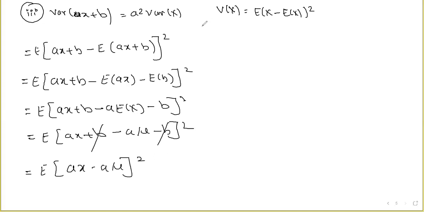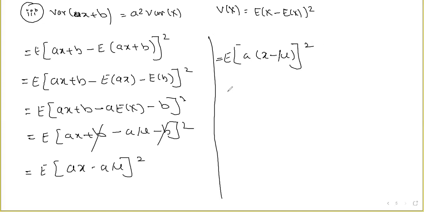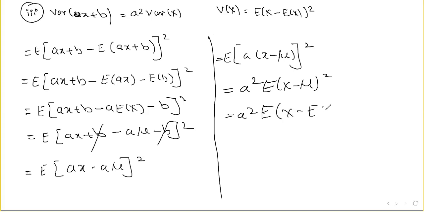Again a is common. So it equals expected value of a into x minus mu, whole square. So it is inside the square. When you take it outside, it will be a square expected value of x minus mu square. So this is a square expected value of x minus expected value of x.